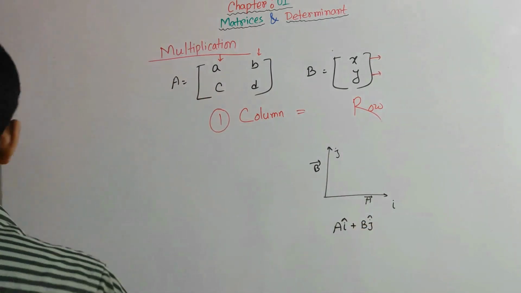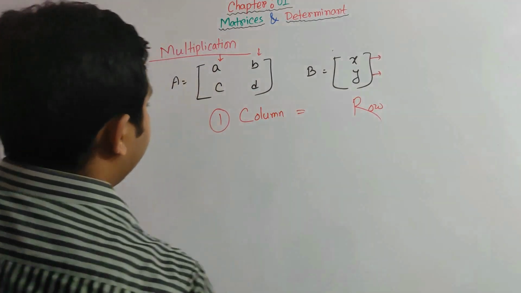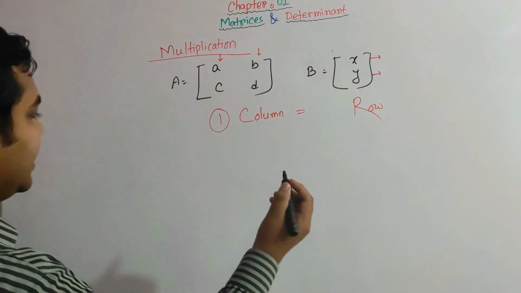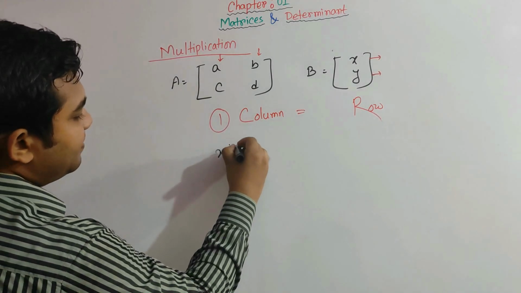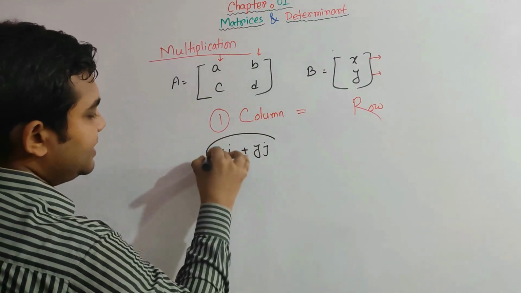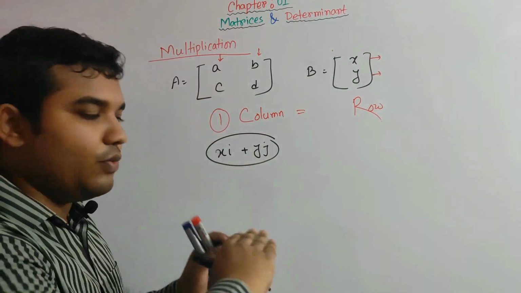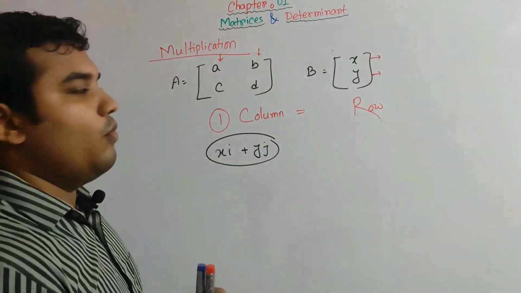That means it has actually a standard form, and that form can be written this way also. You are very familiar with that part, that is xi plus yj. That is the standard form of a vector, where x is the identity which lies on the x-axis and y is the identity which lies on the y-axis.